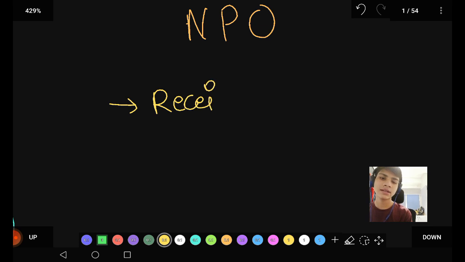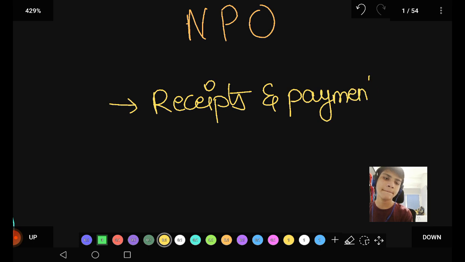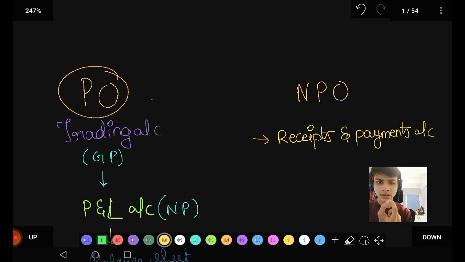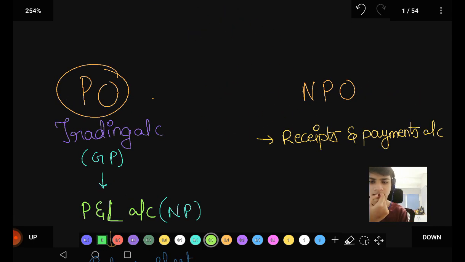Let us write this down: receipts and payments account. You might ask, what is that? Wait, I will tell you. But before that, let us quickly finish the order that we have to go in. So instead of your trading account, you have receipts and payments.